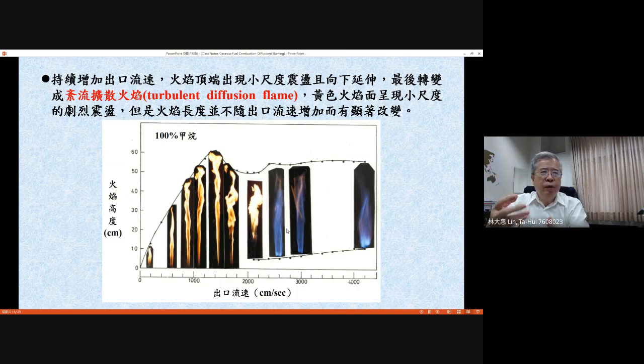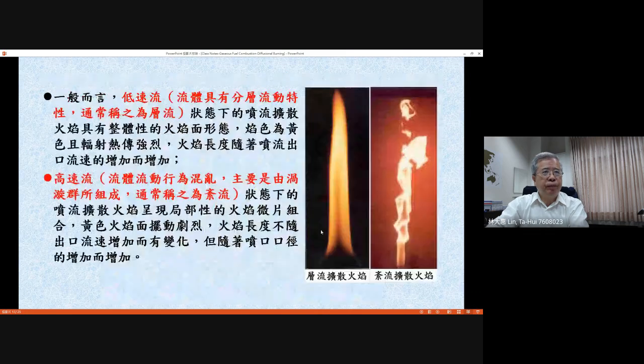In the turbulent flow you now have too many small eddies. Those small-diameter eddies give a very strong fluctuation on the flame surface. You cannot see curved flames, but instead a very strong fluctuation. These three features you can observe for the turbulent diffusion flame.